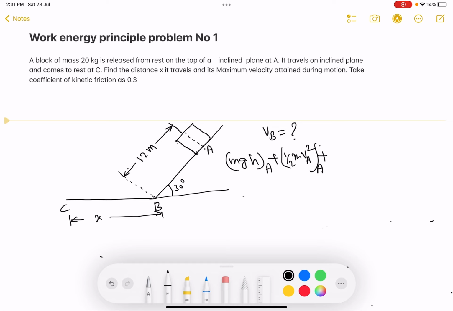Plus work done, if there is any external force, into the distance, that is work done.